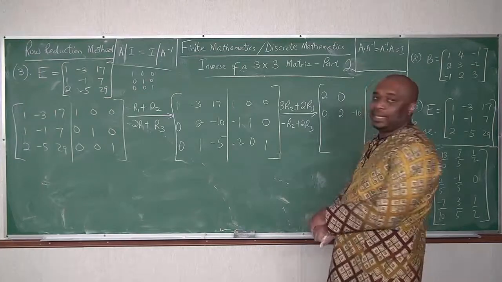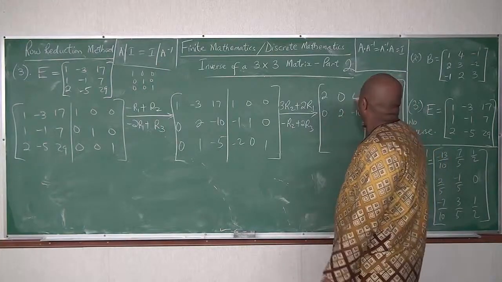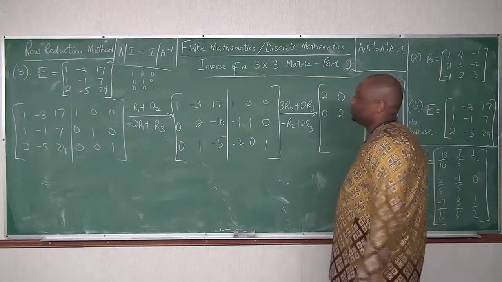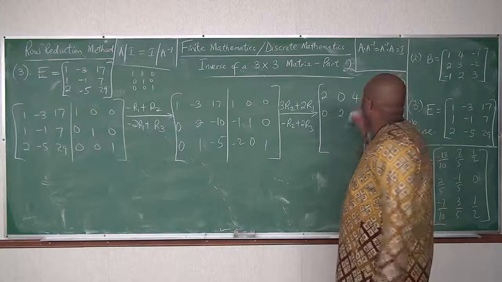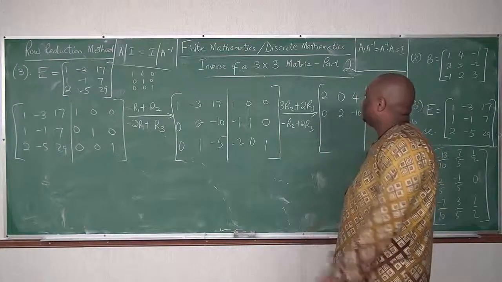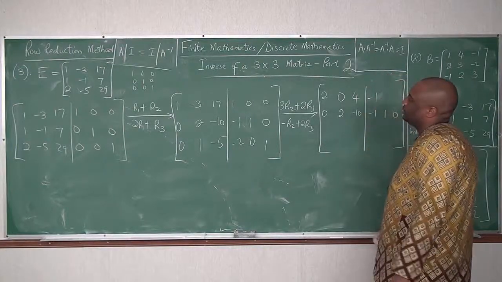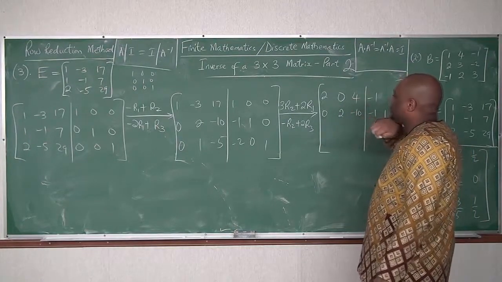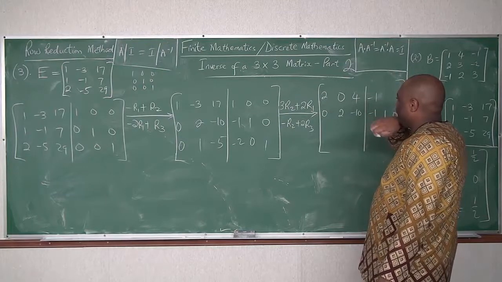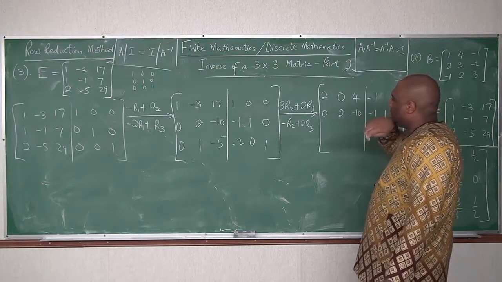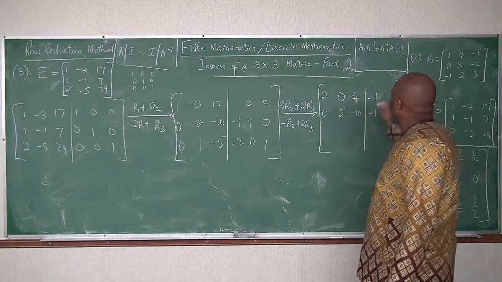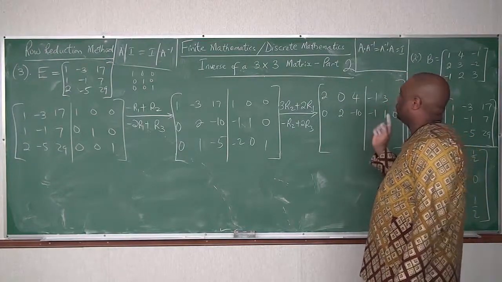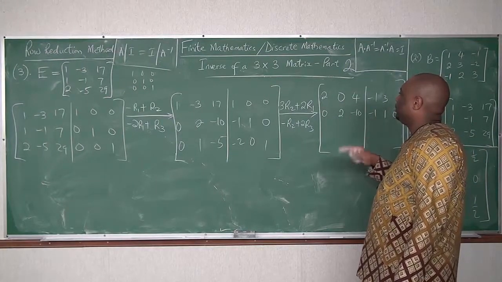Negative 30 plus 34 is 4. 3 times negative 1 is negative 3, plus 2 times 1, 2. Negative 3 plus 2 is negative 1. 3 times 1 is 3, plus 2 times 0 is 0. So 3 plus 0 is 3. Okay.